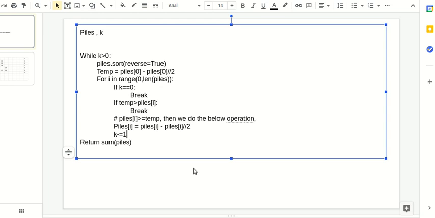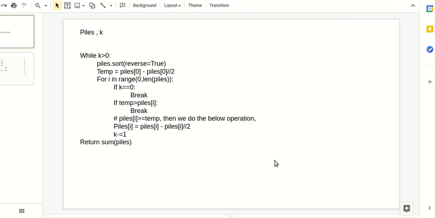So it's a very simple approach. Basically we are picking only those piles which are higher. So this will minimize our solution. This is the basic approach.